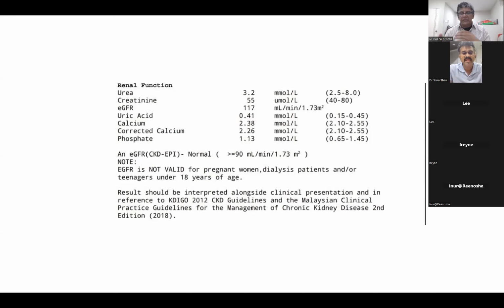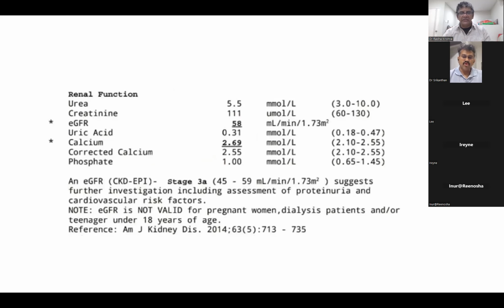As a patient sits in front of us in clinical practice, the first thing we look at is the renal profile. This was a normal test, and this is the abnormal test. If you look into this abnormal test, remember I told you the first step is to evaluate by looking at the GFR. Friends, you can look at the GFR there.